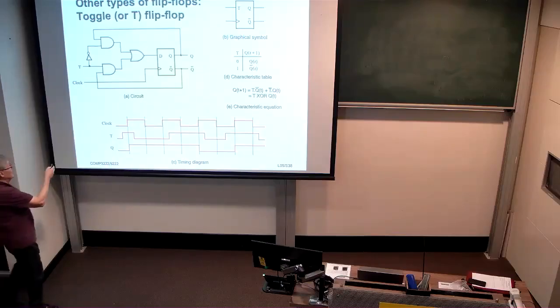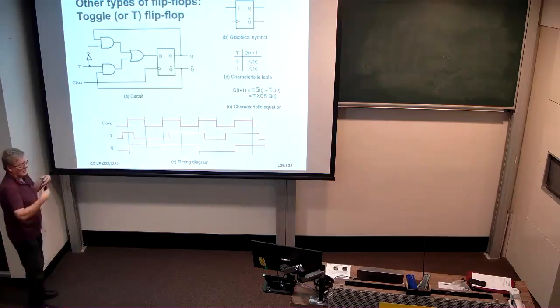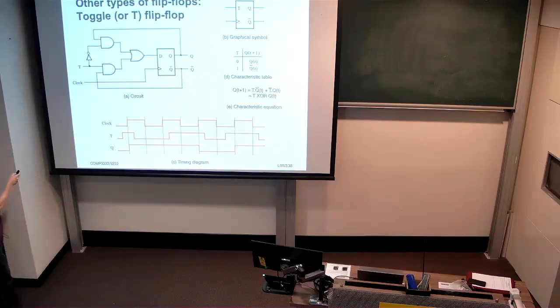On the other hand, when T becomes 1, then the upper AND gate is disabled because the inverter here ensures that this input would be 0 to it. But with T being 1, this AND gate then takes the complement of the current state, namely Q bar, and feeds that through to the D input. As a consequence, when T is asserted, the next state of the flip-flop is the complement of its current state.